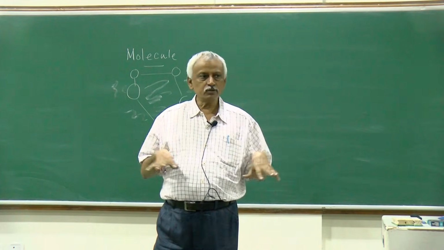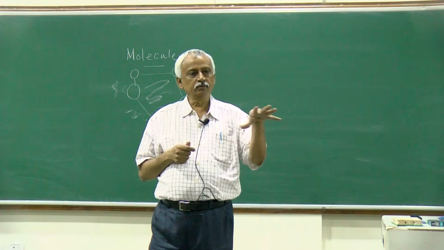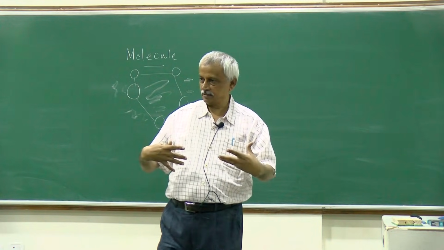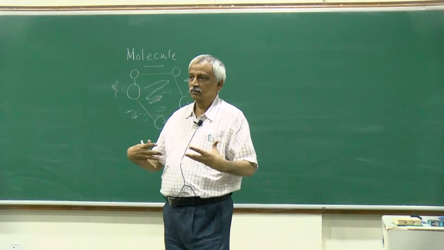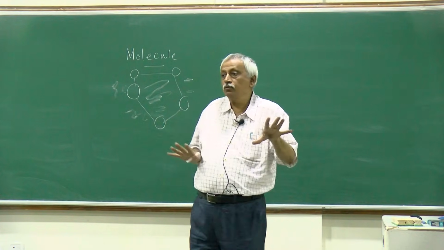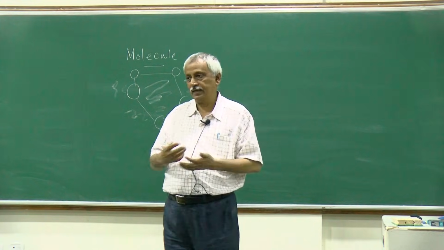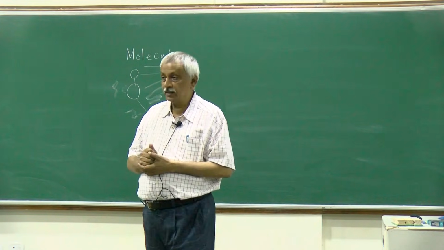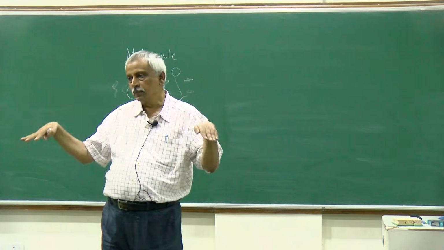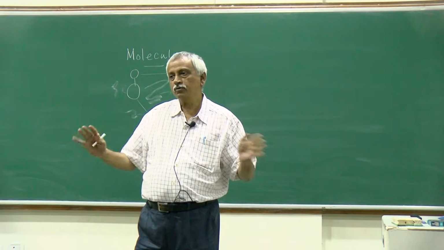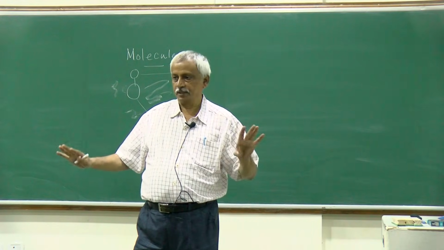At any given position, you have nuclear repulsion, electron repulsion, and electron nuclear attraction. The electrons will try to follow this also, and there are two different time scales, so that we can separate out nuclear motion, at least as a first approximation. Nuclear motion and the electronic motion can be treated separately.